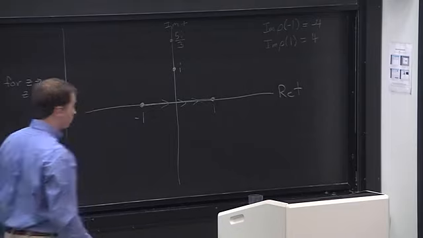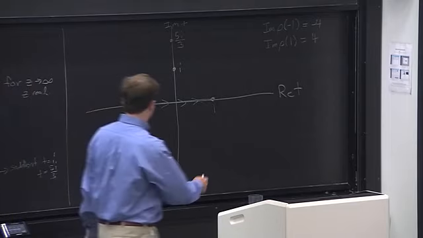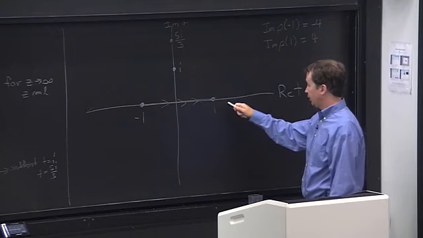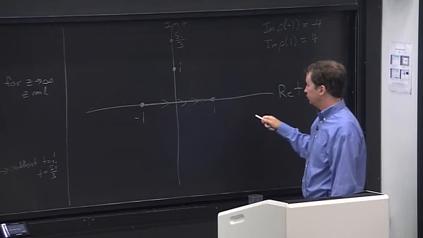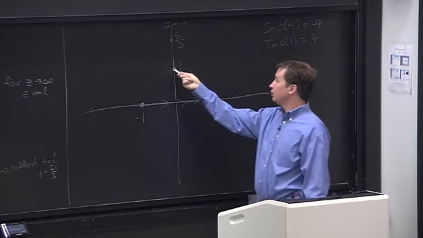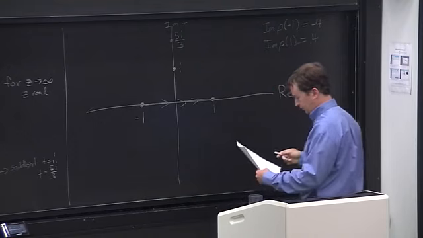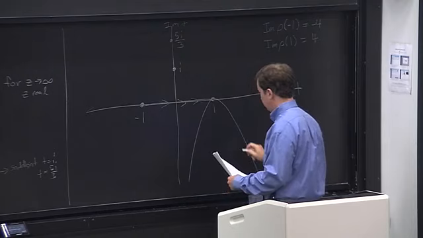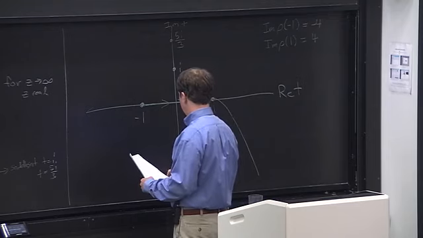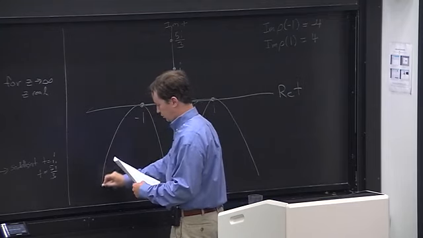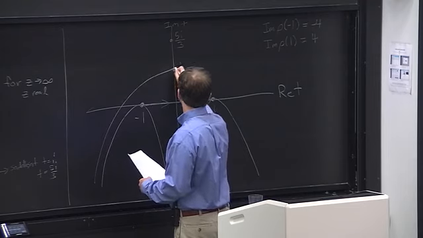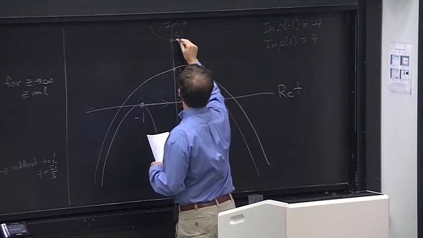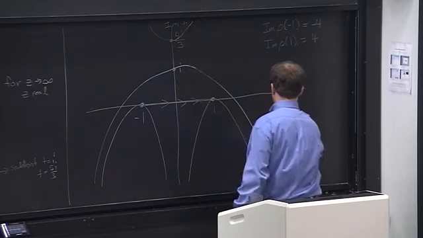So what we can do is instead, we can plot the constant phase contours that go through our saddle points and our endpoints. And they'll look something like this. So these are the constant phase contours.